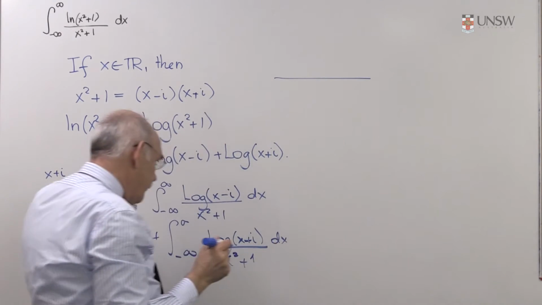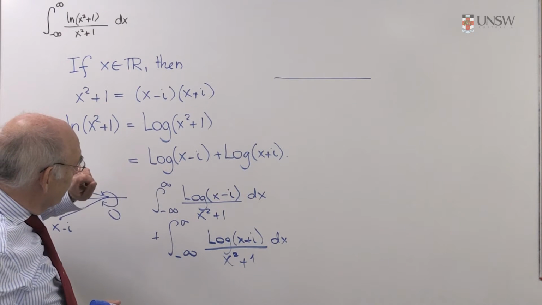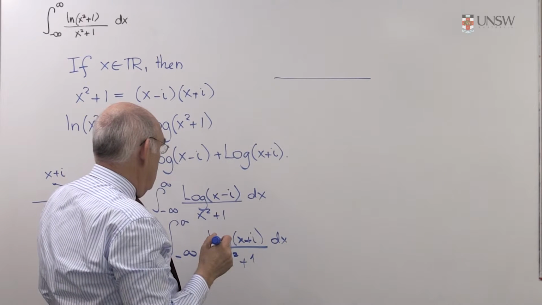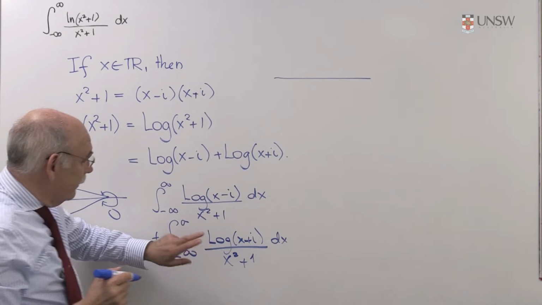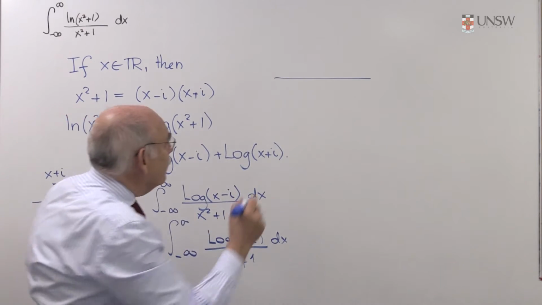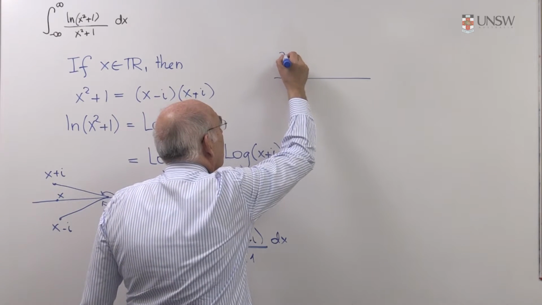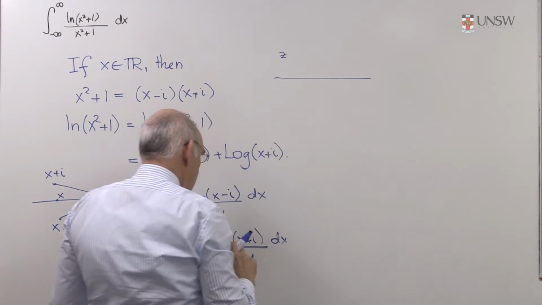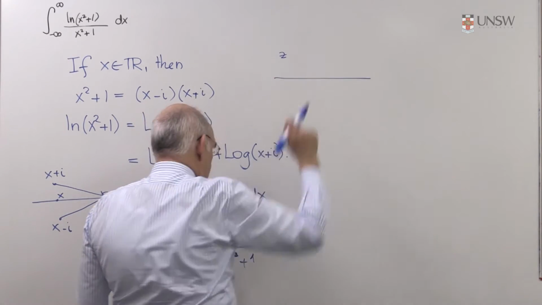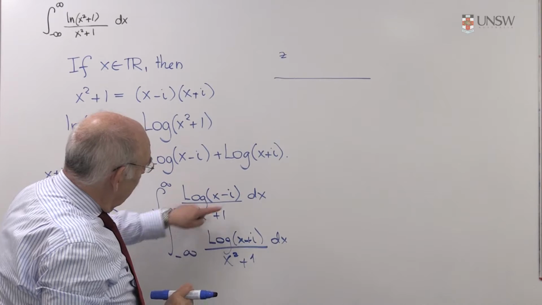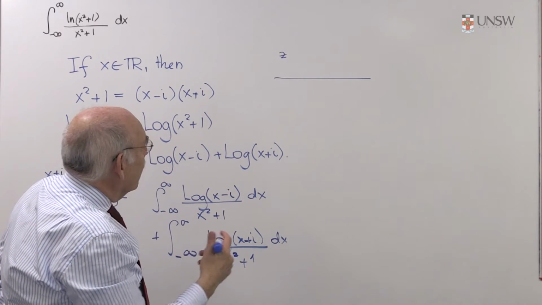Now, the first of these can be done by noticing, first of all, that, let's do this one first. If I replace x by z, when z is in the upper half plane, then z plus i is strictly in the upper half plane, and it stays away from where log is not continuous or differentiable or whatever.